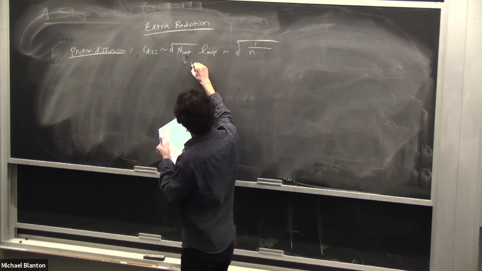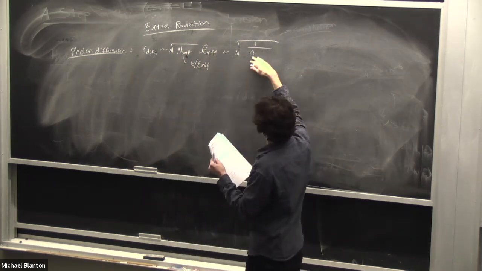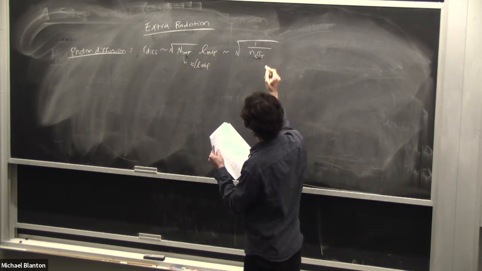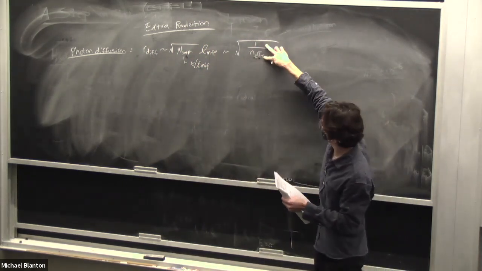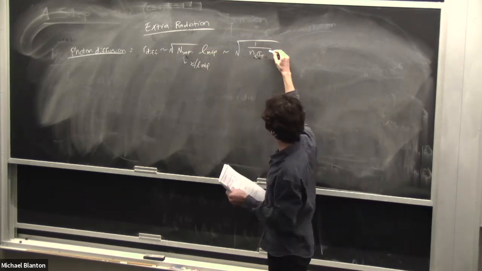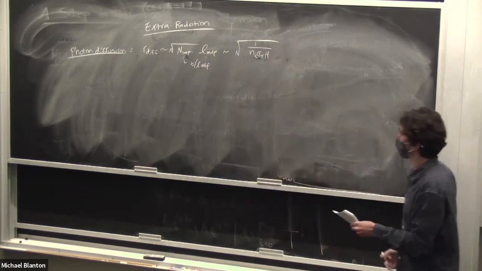The number of scatters goes like time over the mean free path. So this quantity roughly goes like the square root of the mean free path, which is 1 over the number density of free electrons times the Thomson cross section. This quantity is the mean free path of a photon in the early universe. Also, there's a square root of time sitting in here, which you can think of as giving you a 1 over square root of Hubble for this quantity.